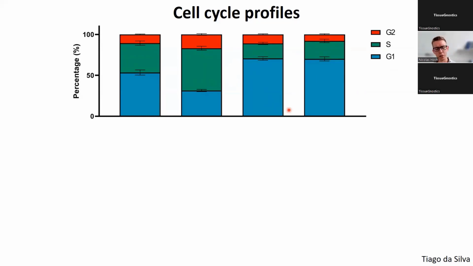But something a bit more interesting that we're able to do with this technology now is to start gating out these populations of cells that are in G1, S, and G2, and then asking for the intensity of other markers that we might be interested in.